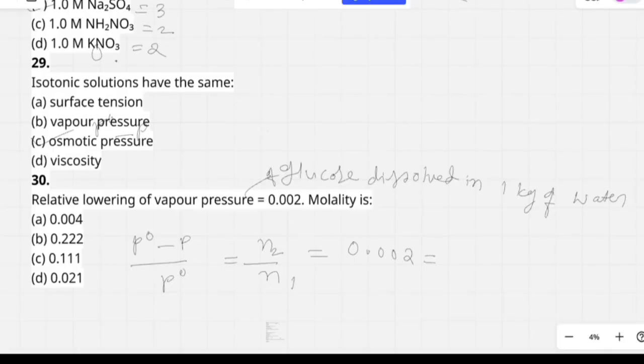So the molality is... already we know that relative lowering of vapor pressure, for a dilute solution, is equal to n2 divided by n1.